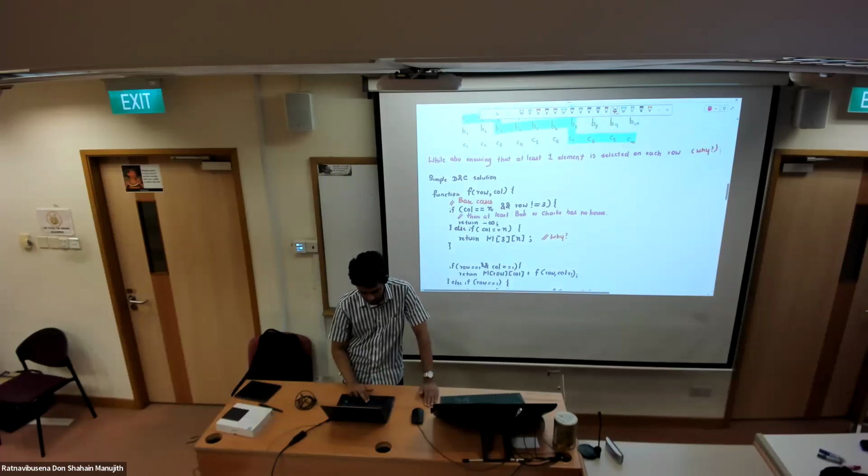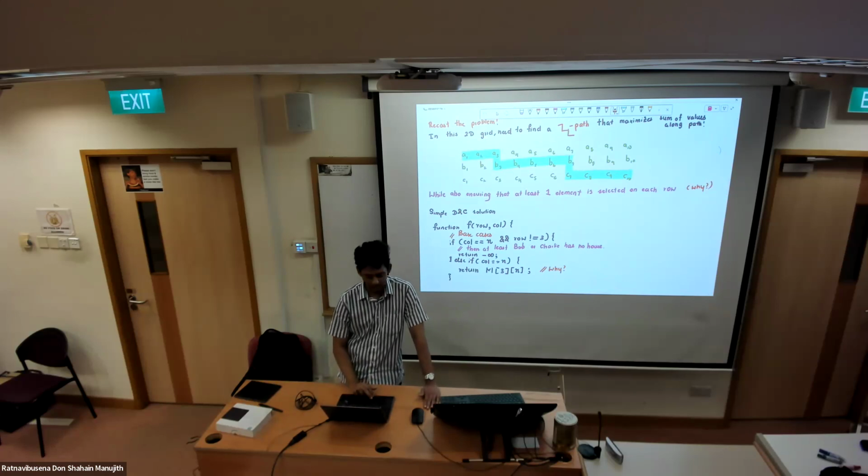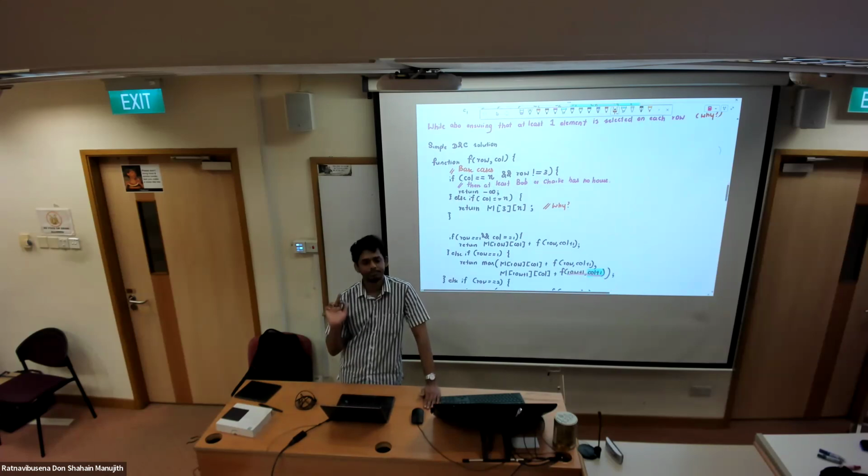That means you are here, and one case is to allocate this to Alice. The other case is to not allocate this to Alice, but allocate this house to Bob, and you recurse from this point onwards, at row+1, col+1.